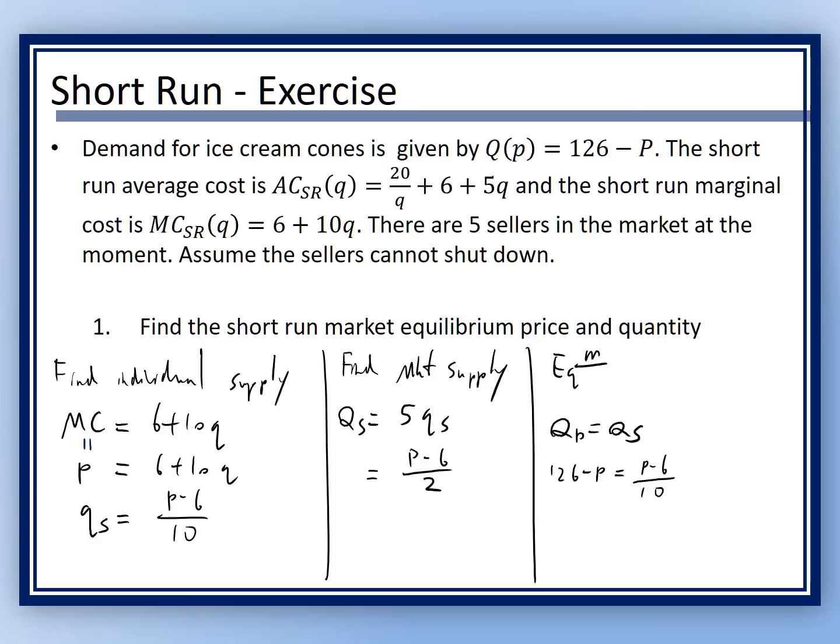So you have 1,266 minus 6, 1,254 equals 11P, right? Okay, here's the part where you can break out the calculator. 1,254 divided by 11 is 114.